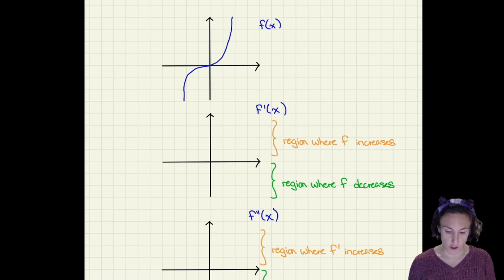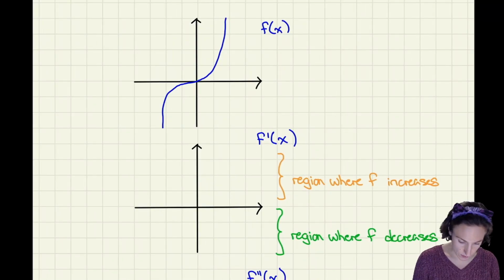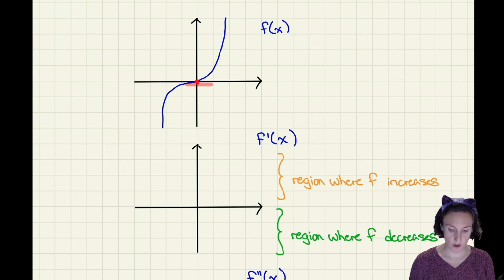So the first one, our cubic function, will look something like this. Okay? Now, where along here do I have slope is equal to 0? So I can draw a horizontal tangent right at this point. Let me zoom in a little bit. Right at this point right here. Okay, so that corresponds to a horizontal tangent line.